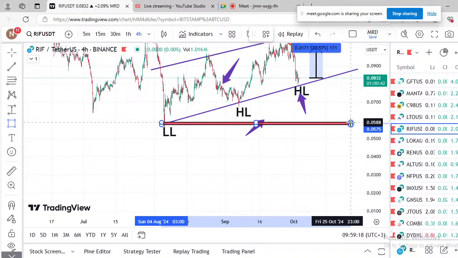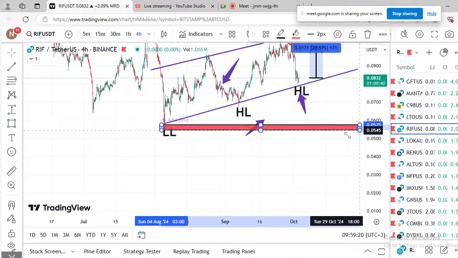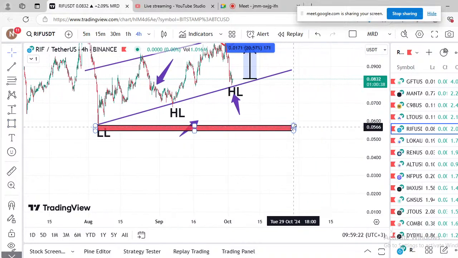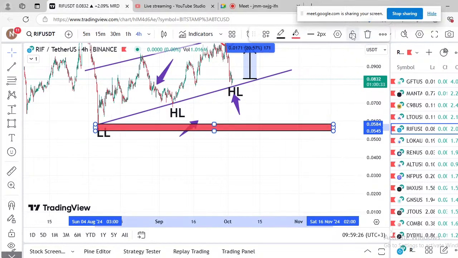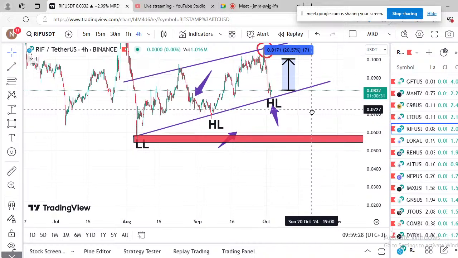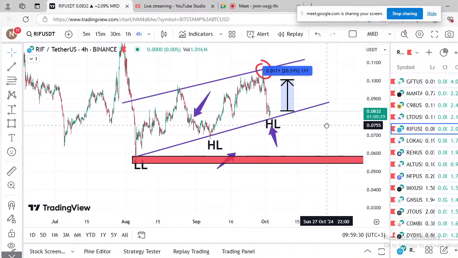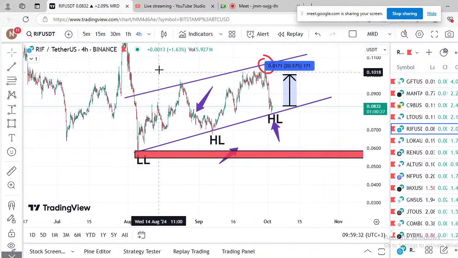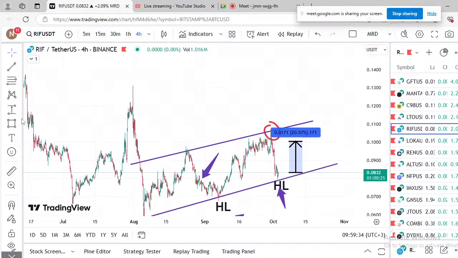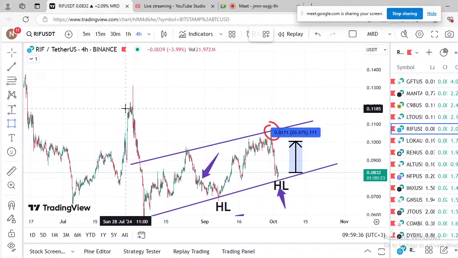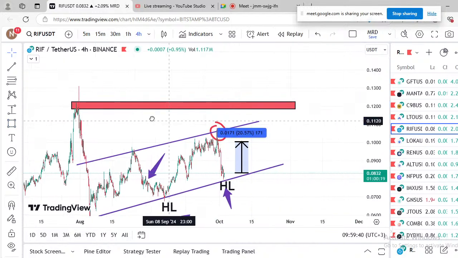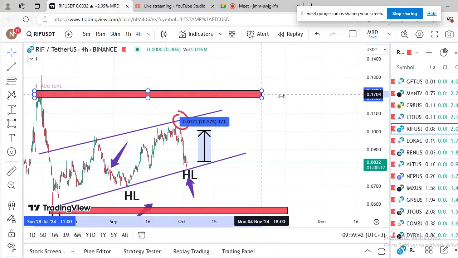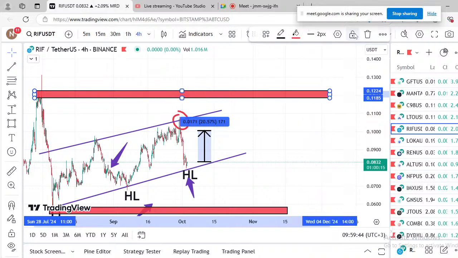In short, we don't expect the market to come back and touch this area unless we are going to change trend. So from there, this is our supply level. This is our supply.